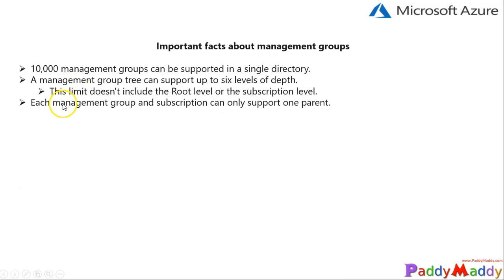The other one is that each management group and subscription can only support one parent, not more than that, because these are logically and technically interlinked, so you cannot bind one subscription to two management groups. Only one can be moved, because it's one subscription and one billing would happen to you.